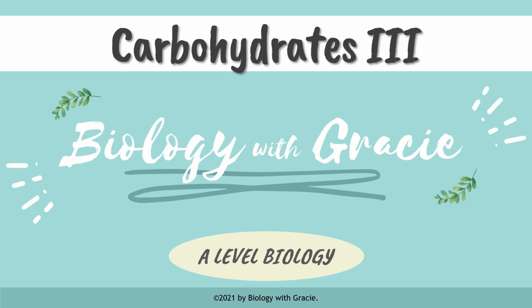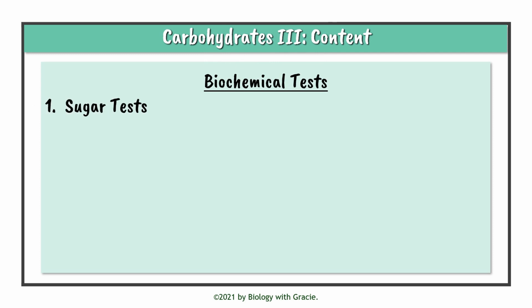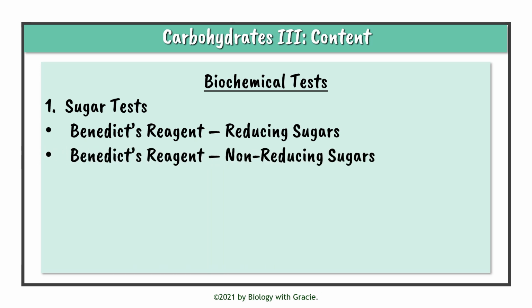So today I'm going to be doing my third video on carbohydrates for A-level biology. In today's video we're going to be talking about biochemical tests. The first ones we're going to be talking about are tests for sugar. So we're going to be talking about the Benedict's reagent, which is used to test for reducing sugars, and how it's also used to test for non-reducing sugars.